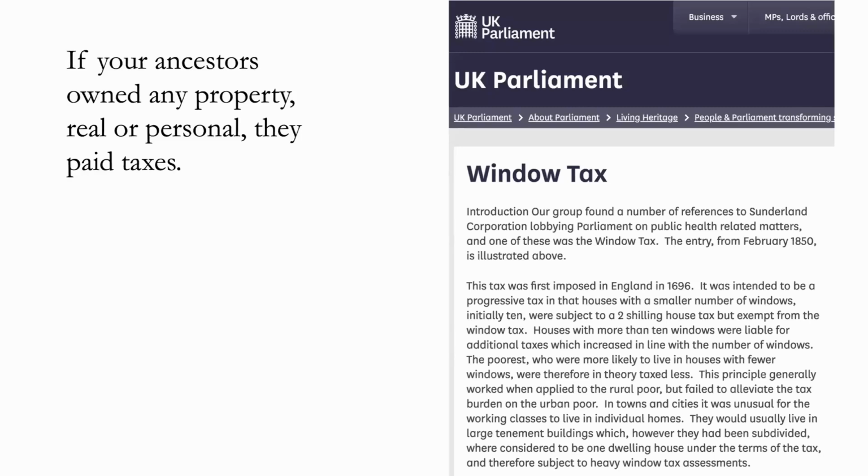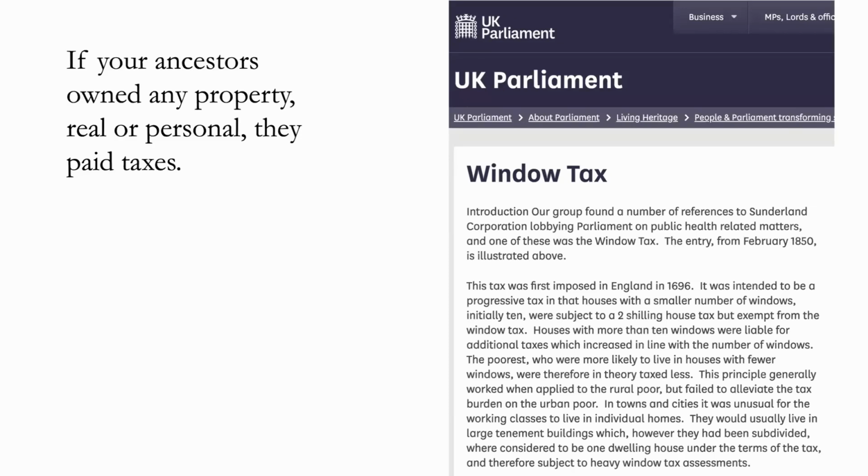Now, here's another thing, you have to look at it from a negative evidence kind of thing. What if your ancestor shows up in wherever, from Georgia up to Massachusetts or Florida, up to Vermont, and just sort of appears on the record? Well, go in and look for taxes for that person. And if there are no taxes for that person, you can assume that that person didn't have any property.